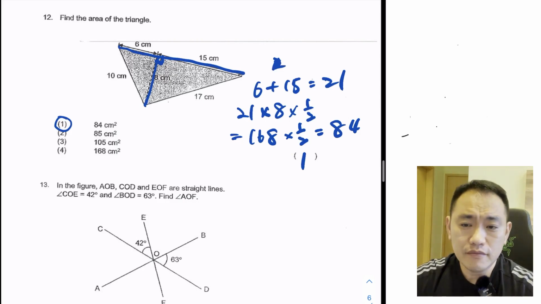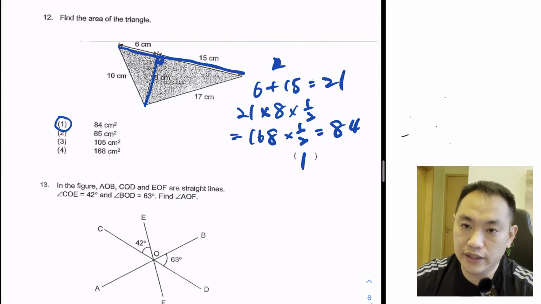Okay, so a lot of these kind of questions with geometry, they will say the diagram or the picture is not drawn to scale, which means you need to follow the instruction, read the question very carefully, and only use the clues that are given to you.